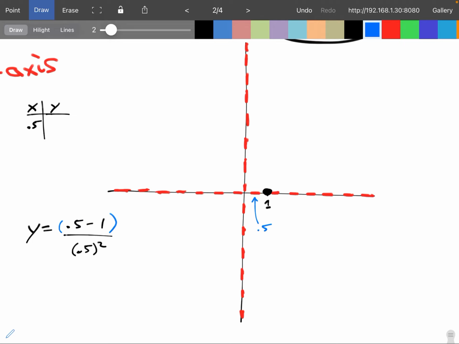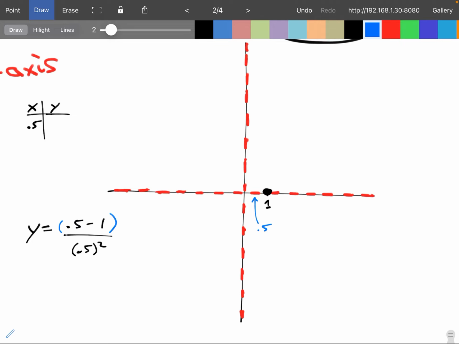So we got 1/2, take away 1, that would be a negative half, right? So a negative 0.5. So we got a negative 0.5 divided by our denominator, which is 0.5 squared, or 1/2 squared. Well, 1/2 squared is what? That's 1/4, right? So then dividing by 1/4 is the same thing as multiplying by 4.